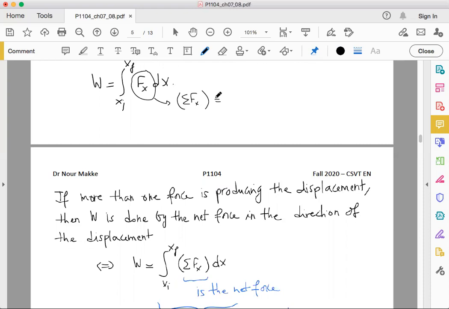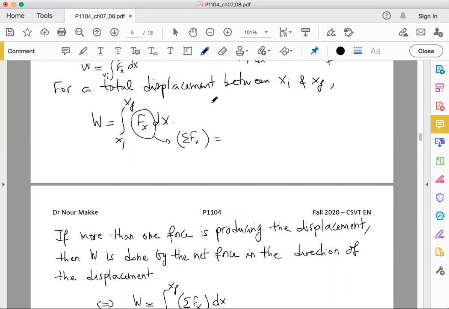Okay, for example, in the previous example we had different forces: mg, so you put the component of mg along the x-axis, plus the component of the normal along the x-axis, plus the component of F along the x-axis, plus etc. if you have other forces.